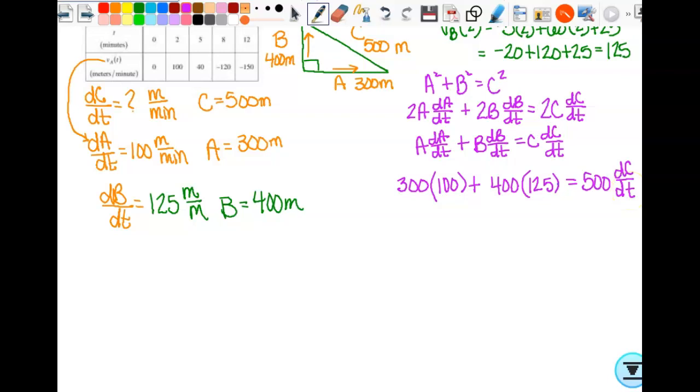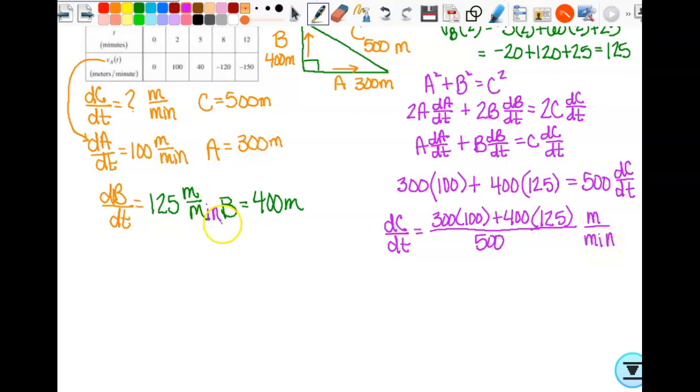I just divide by 500. So I could say that dC dt is equal to 300 times 100 plus 400 times 125 all over 500. And what are my units? Meters per minute. And that's a safe stop. That works.